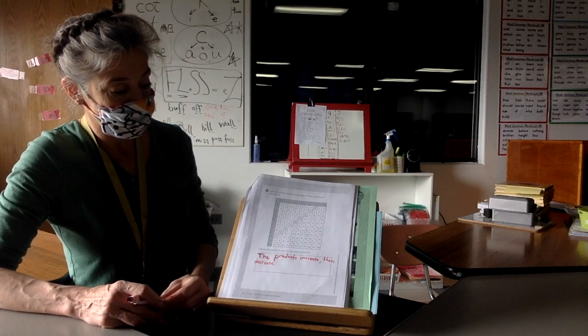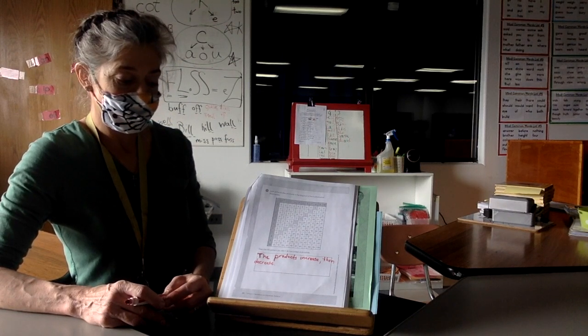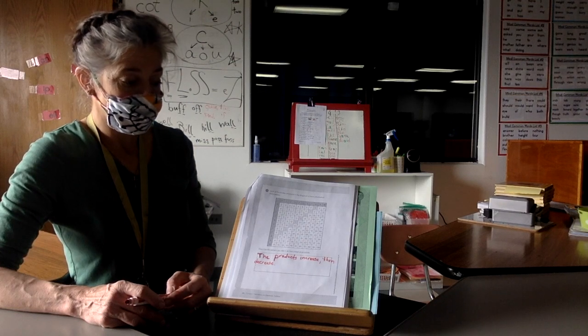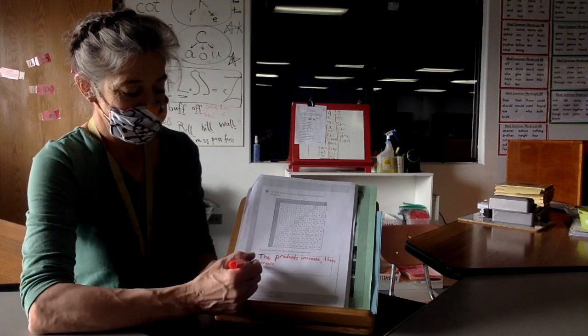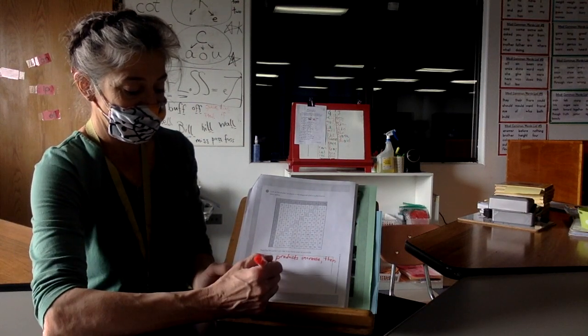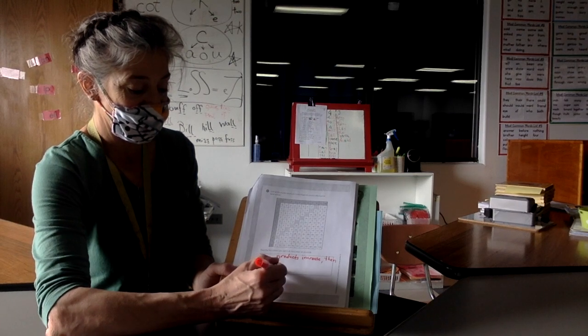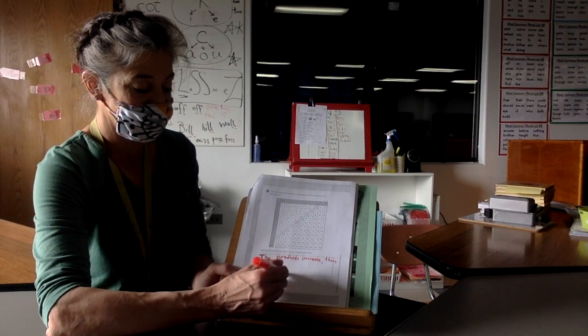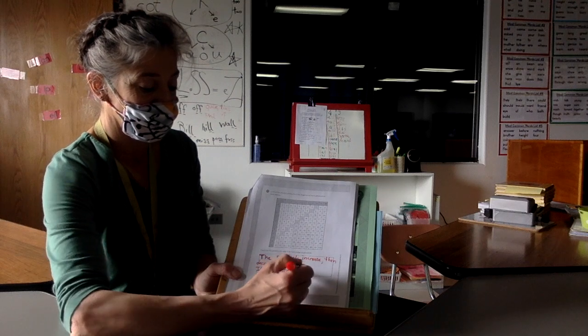Does anyone notice anything else? It's going odd, even, odd, even. Yes, that would be the other thing to write. So it alternates even to odd. And that's about it. I don't really think we can write a whole lot else.